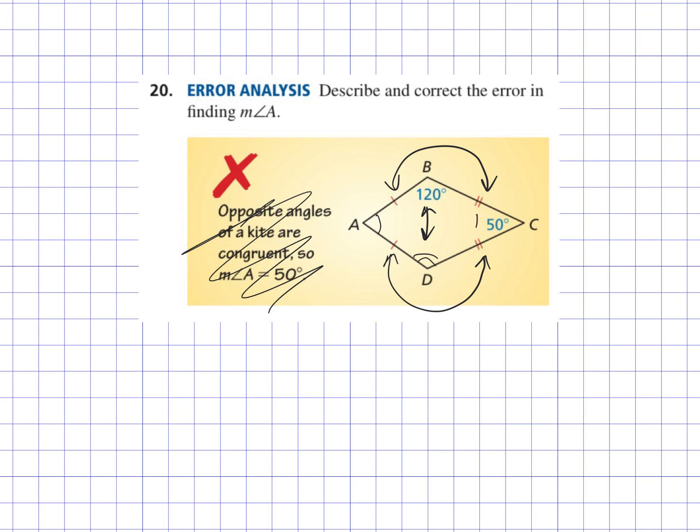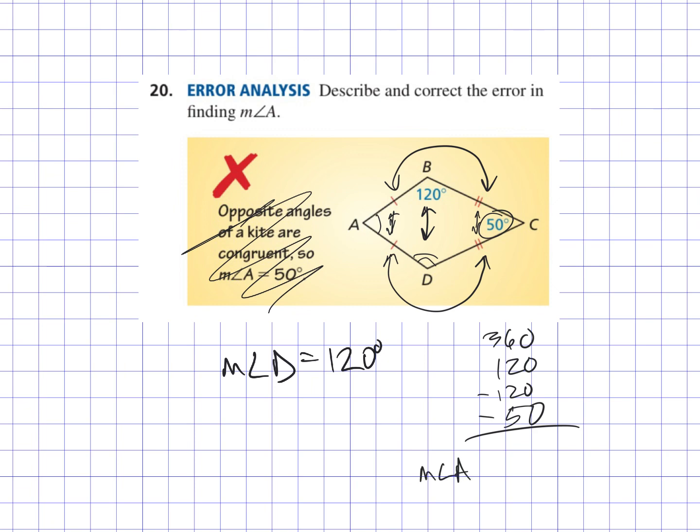Notice that you have two double lines here, so that 50 degrees is not the same as the angle made by the two single hash marks, angle A. Okay, so the measure of angle D is 120 degrees. And again, you take 360 minus 120, angle D, and minus 50, angle C. And that will give you the measure of angle A. Okay, so 120 is 240, and 50 is 290. So 360 minus 290 is going to be 70 degrees.